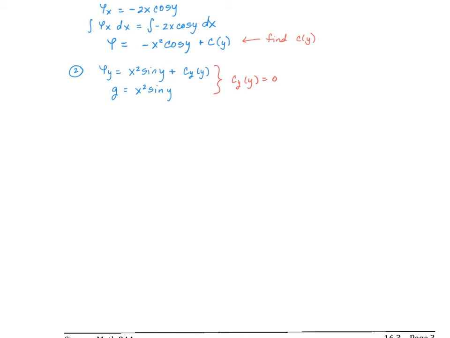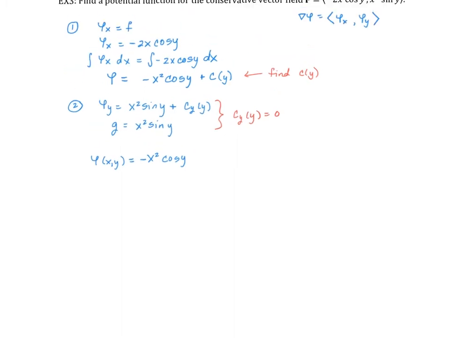So since I know the partial derivative of the constant with respect to y is 0, then I'm going to guess that my function phi with respect to the variables x and y is equal to negative x squared cosine of y.